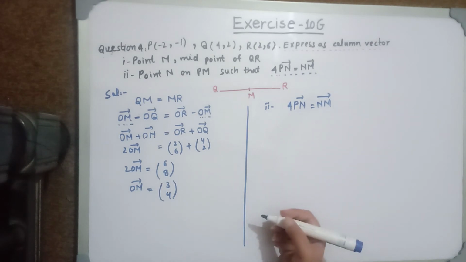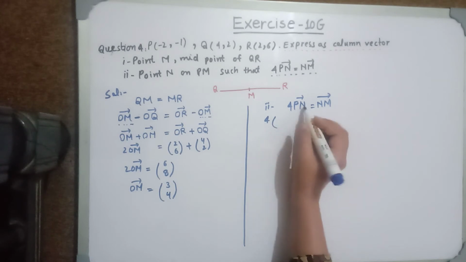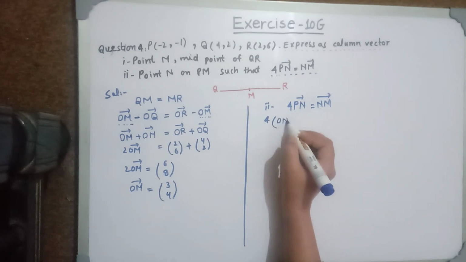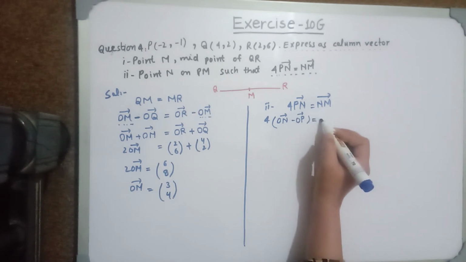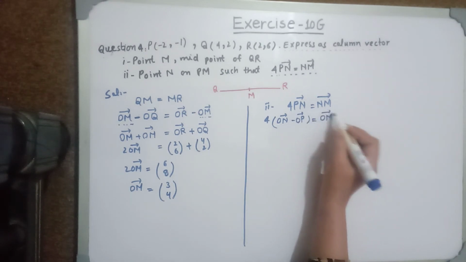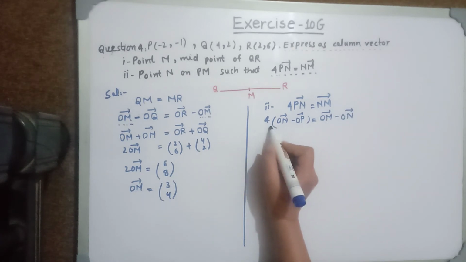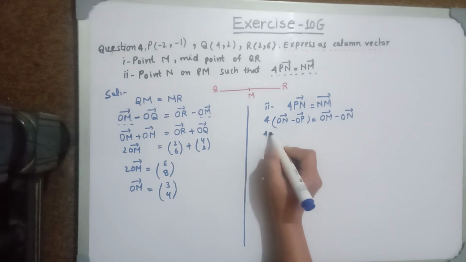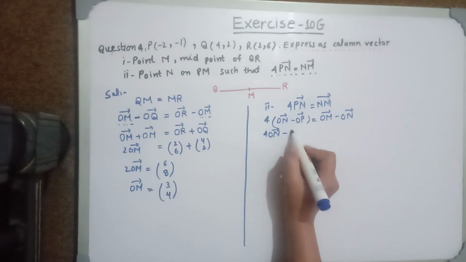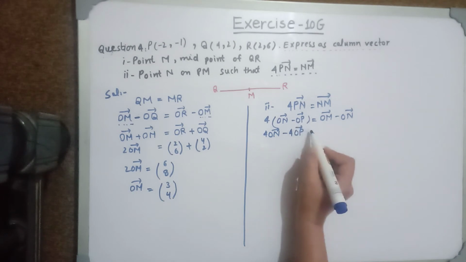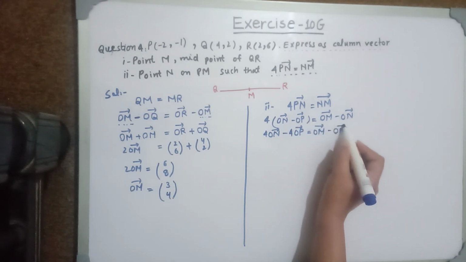Alright, so here we know that PN will be equal to ON minus OP, and NM equals OM minus ON. Okay, so this 4 is being multiplied. We're going to simplify this expression. I'll get 4ON minus 4OP equals OM minus ON.